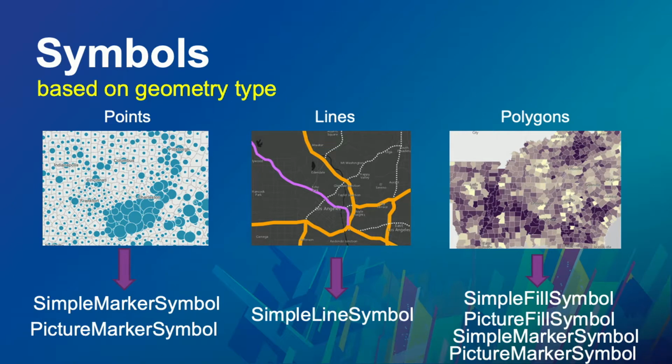Polygons you can actually do quite a bit with. We have fill symbols, which include filling with color and also with images, but you can also take advantage of the markers with the polygons as well, so you can place those in the centroids to render your data. And that's particularly helpful for size visualizations.